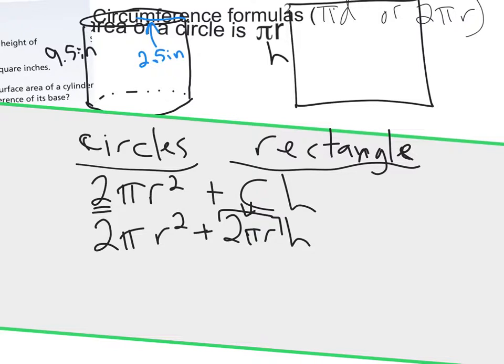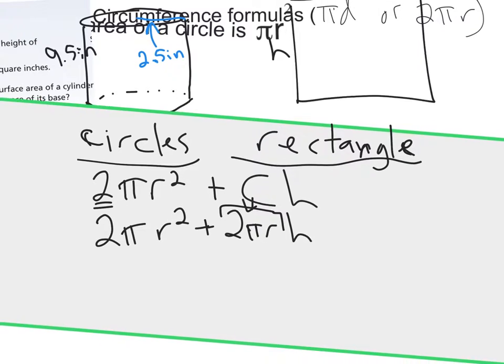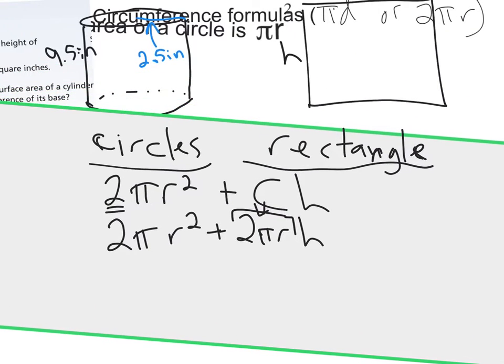If you want to do pi times diameter instead, that's fine. That's again just recreating that formula, which we only have to do one time. We get that formula down on paper, then we're good to go. We can use that for all of our surface area of cylinder problems.